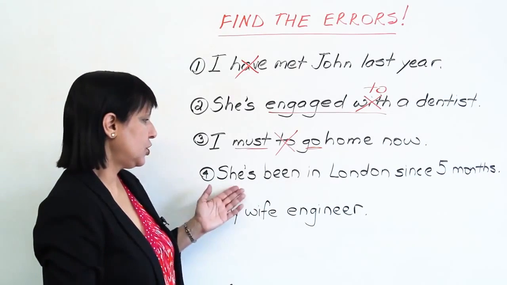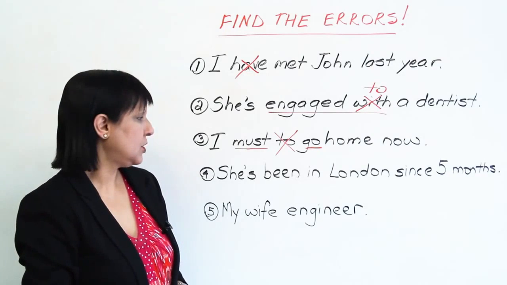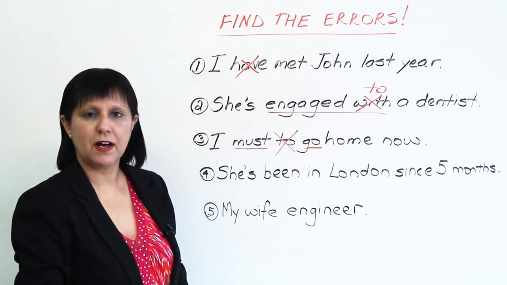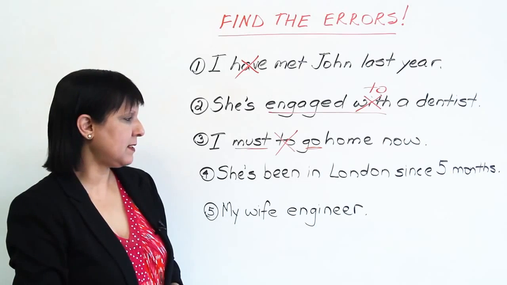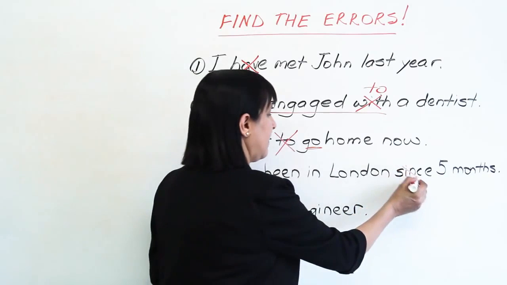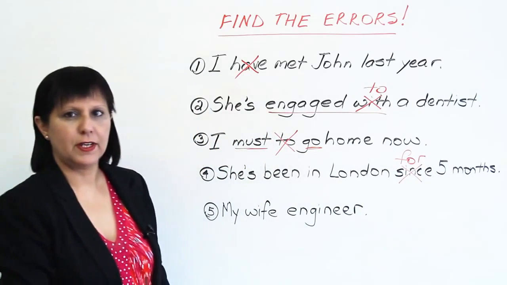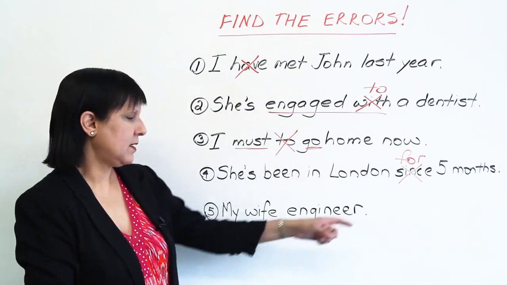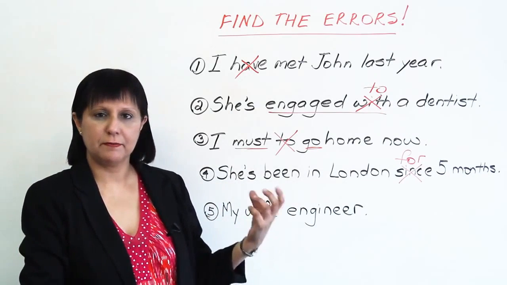Next one. She's been in London since 5 months. Okay? Take a second. What's the mistake there? Okay? So now the error is over here, because we cannot say since 5 months.